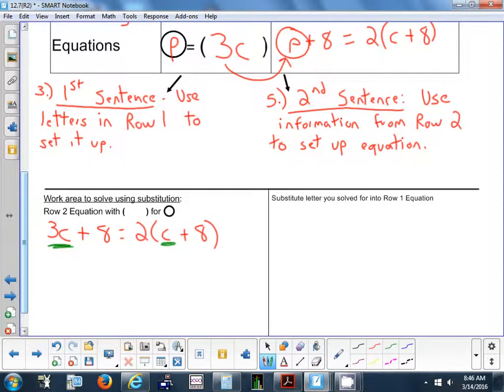I'm good because I only have 1 variable. If you had a P and a C there, you're wrong. You can only solve for 1 variable. So that's why I had to do the substitution.